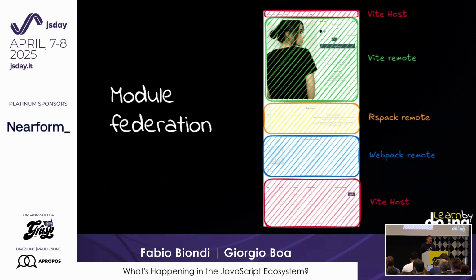Talking about libraries, there is the Module Federation library. I'm the author of Module Federation Vite, but the Module Federation organization covers a lot of bundlers like Vite, Webpack, and Rspack, which is a port of Webpack with Rust.